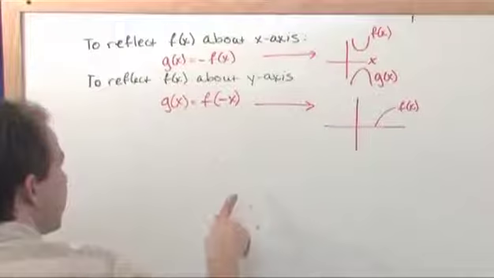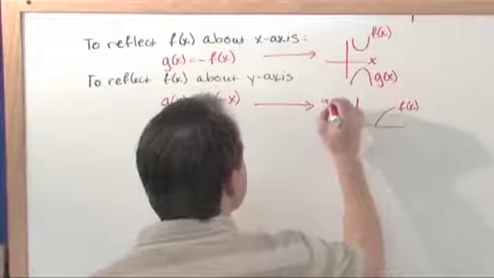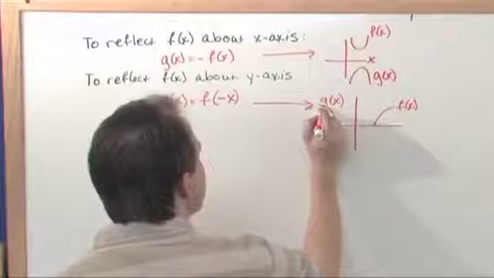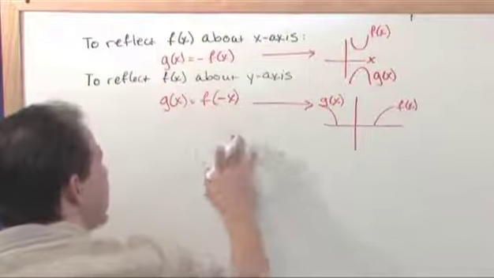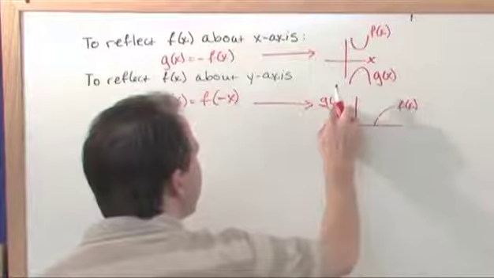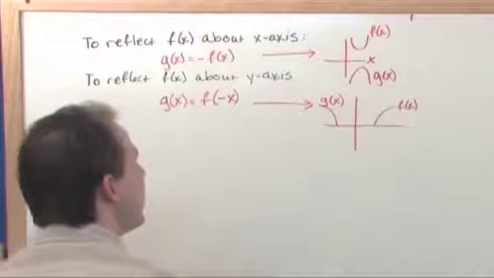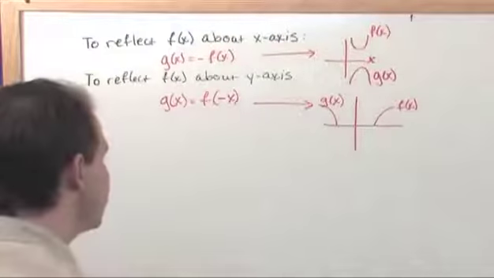Then by putting a negative in here, what it's saying is that if this were g of x over here, and if this were the mirror image, which is what I'm claiming it is, and you define it like this, then what's going on here is for every value of x that I put in here, I'm looking at f of negative x. So I'm kind of stealing values from the other side of the grid there.